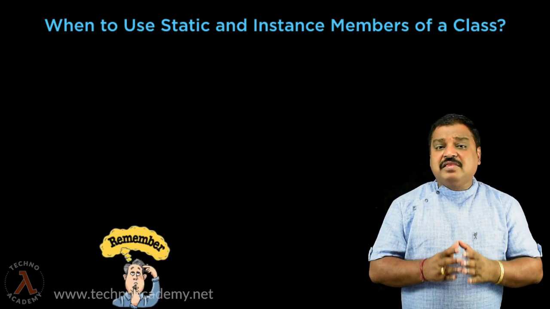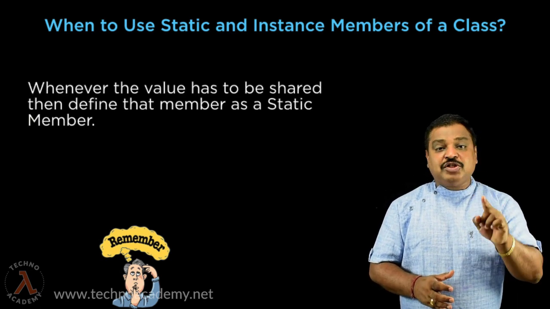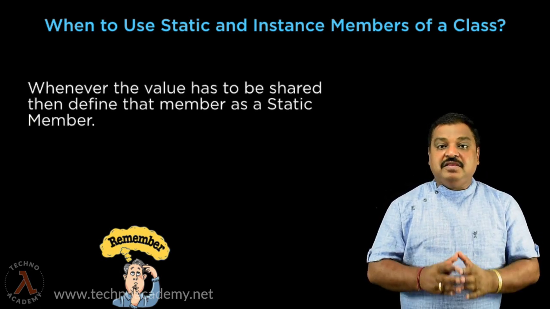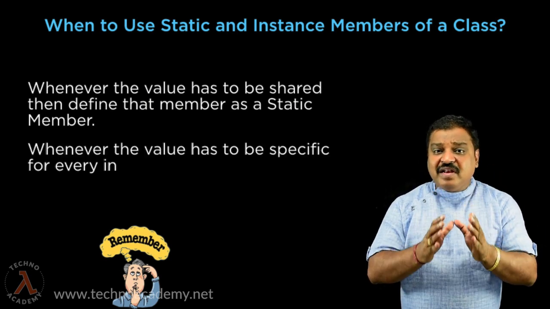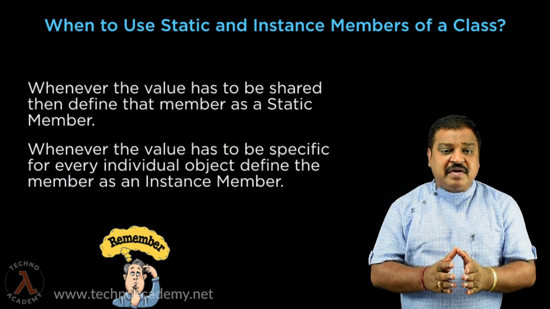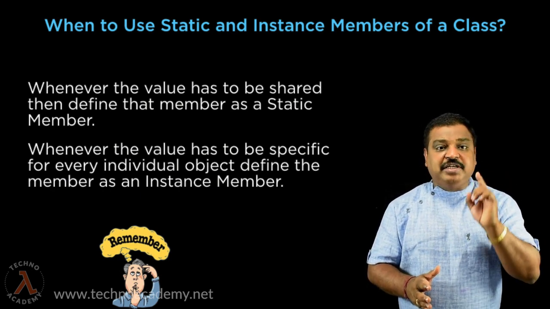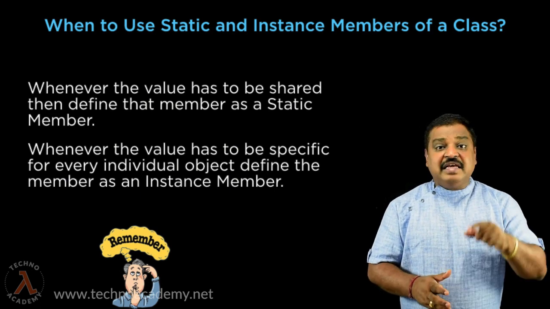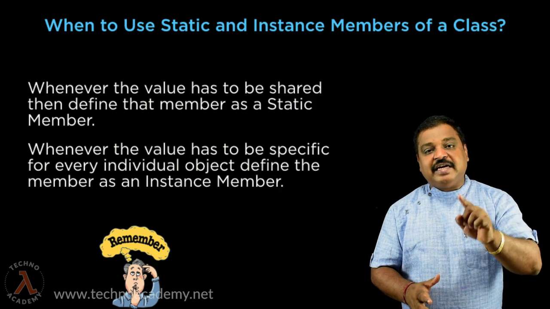A simple thumb rule is that whenever the value has to be shared, then define that member as static. And whenever the value of the member has to be specific for every individual object defined for the class, then we need to define that member as a non-static member.